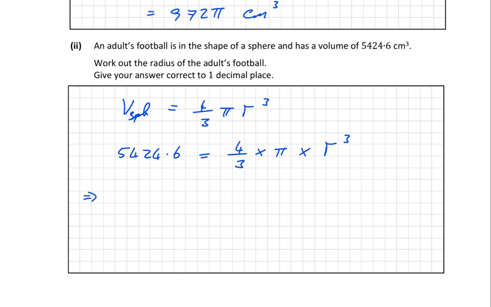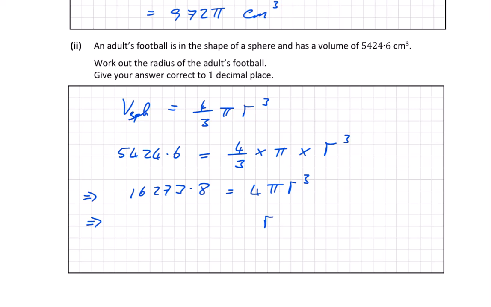So the first thing you're going to do is multiply both sides by 3 because we have a 3 on the bottom of that fraction. So if you multiply 5424.6 by 3, you'll get 16273.8, and that's equal to 4 pi r cubed. So the next thing you can do here is divide both sides by 4 pi. The 4 is multiplied by the pi is multiplied by the r cubed.